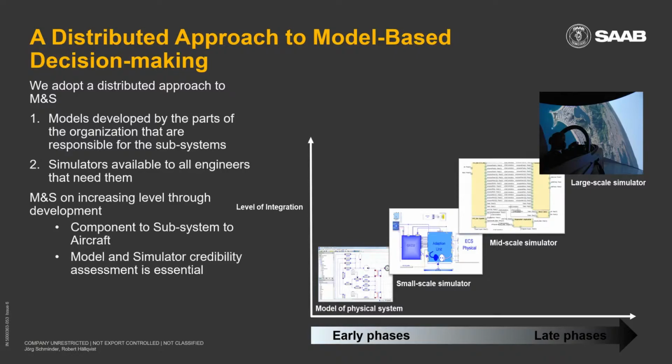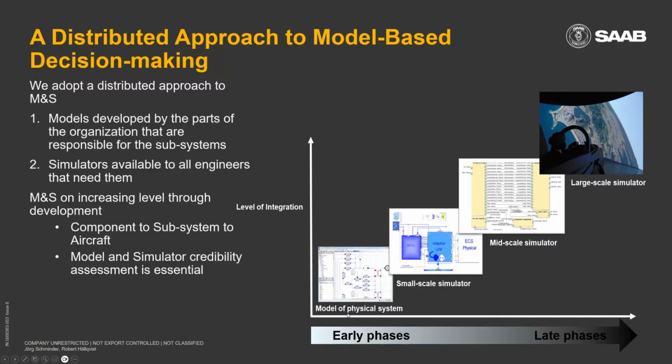Here we have a schematic representation where I put some sort of abstract measure on the vertical axis representing level of integration. So in a sense, how many of the different subsystems are integrated in the simulation.